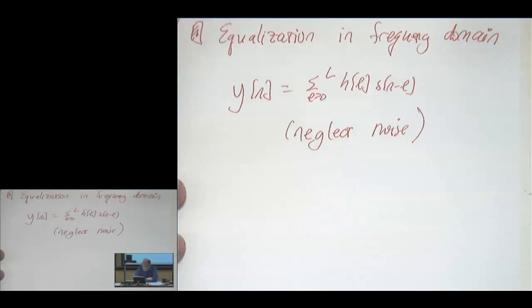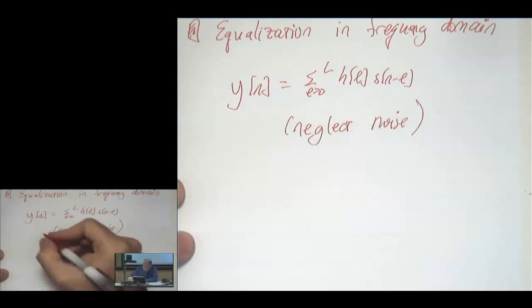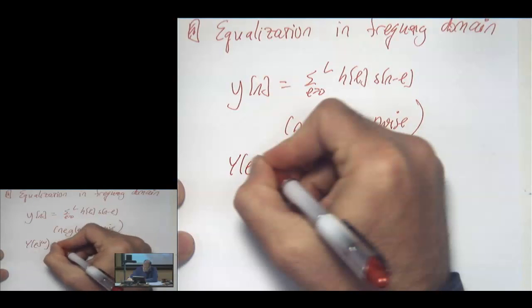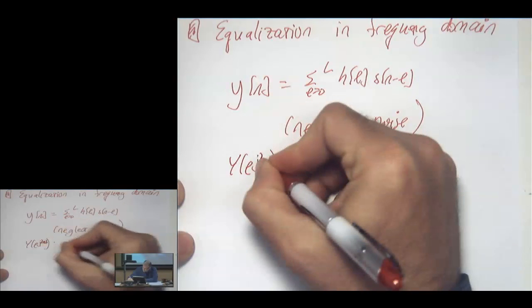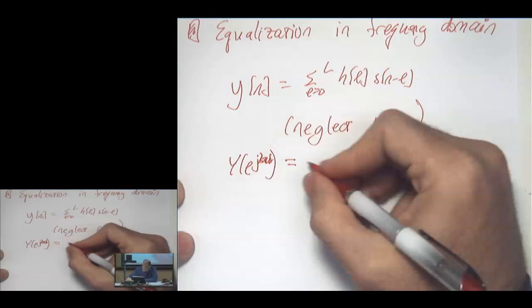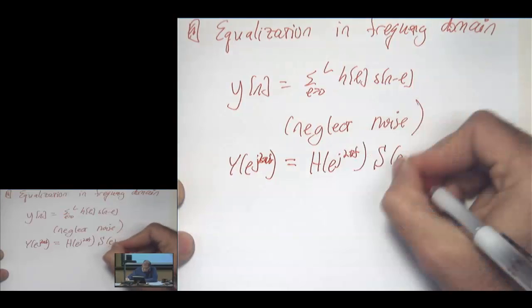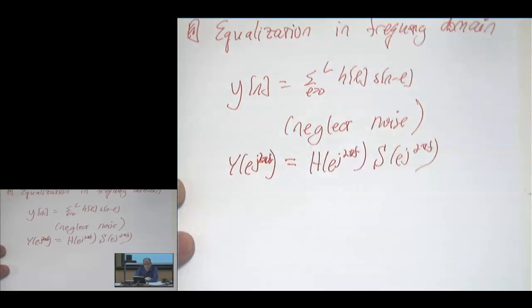Now, if you're confronted with this in signals and systems, we're in discrete time, so we take the DTFT of both sides. We get Y(e^{j2πf}), I guess I should use 2πf here, I was really thinking back in 313 days, equals H(e^{j2πf}) S(e^{j2πf}). And that looks very nice.